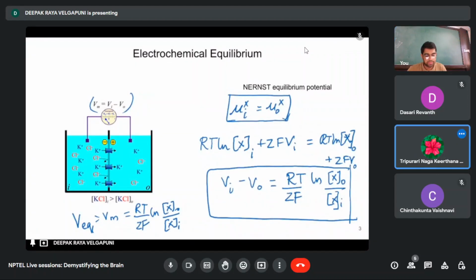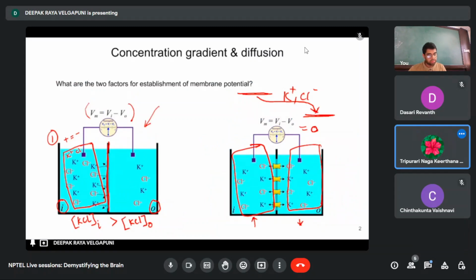Sir, you told something that higher positive means we can easily bring that ion. I didn't understand that. Like chemical potential, when it is low, we can easily bring the chemical species into that location, right? Yes.